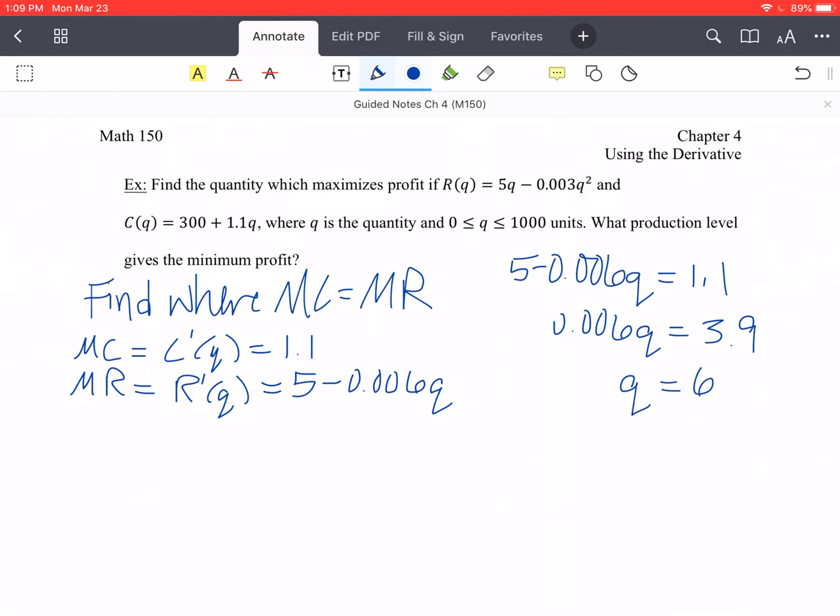So we get Q equals 650. So this is where marginal cost equals marginal revenue.